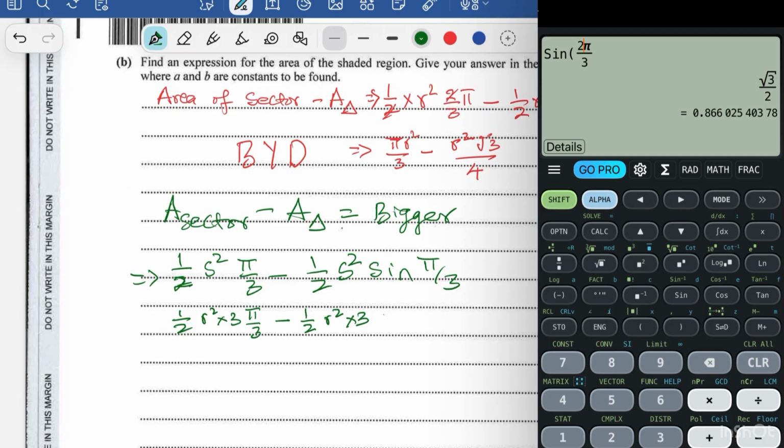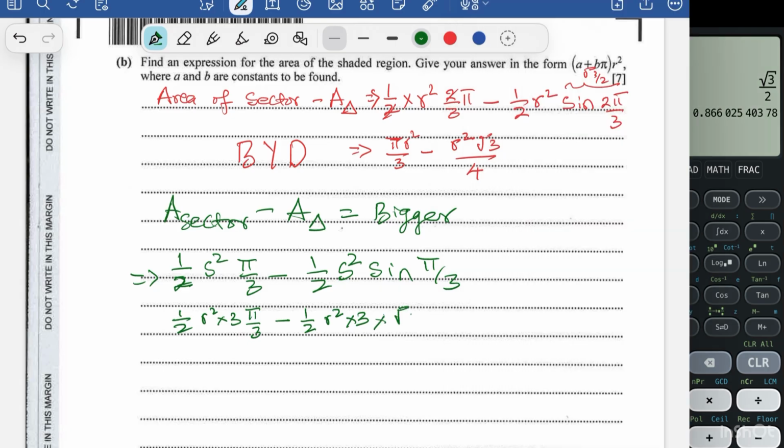Sine pi by 3 is root 3 by 2. So this gives me 3 pi r squared over 6 minus 3 root 3 r squared over 4.